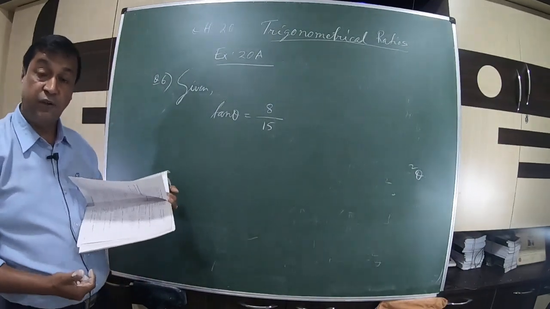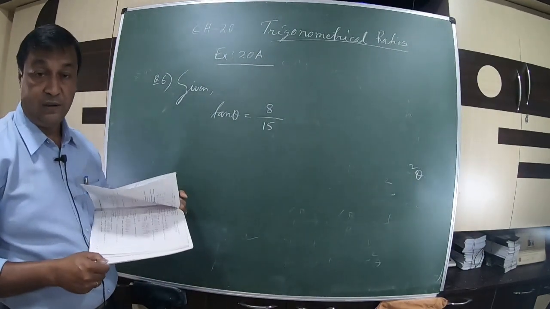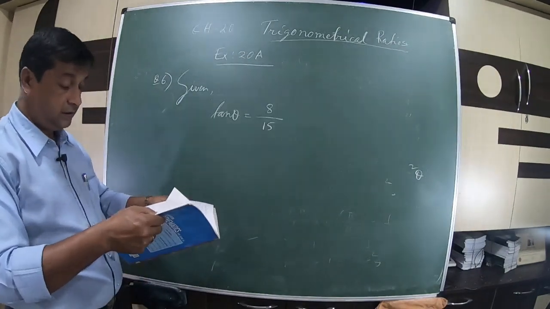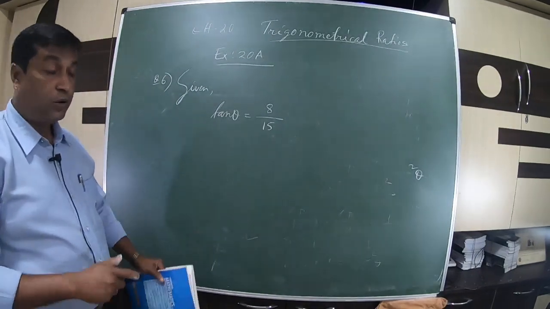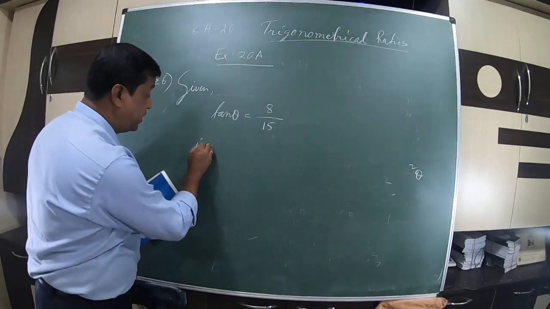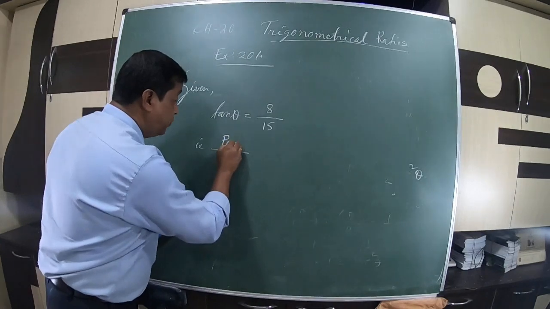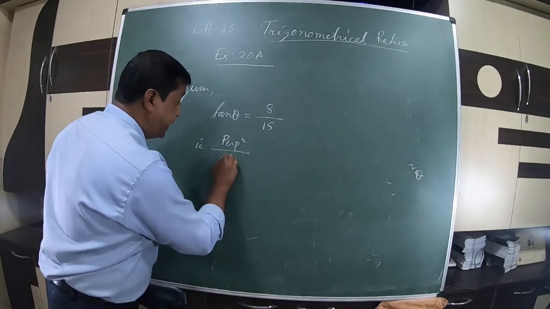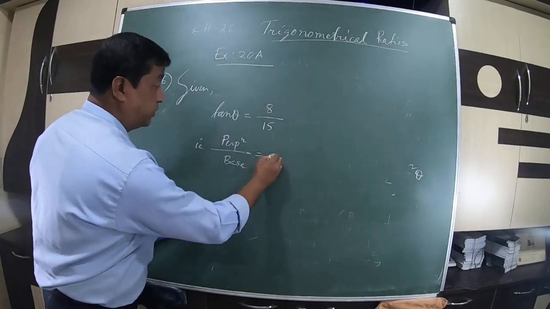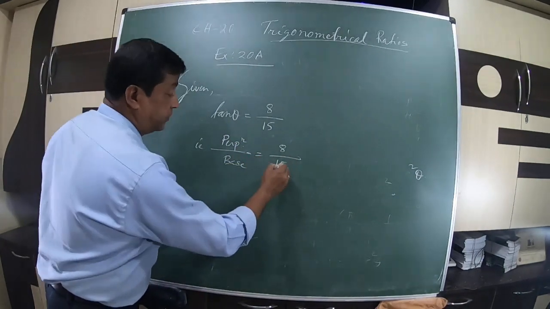Now in order to find the other ones, you have to know the formula, isn't it? First of all, what is tan theta? You have to know what is tan theta. I have already given the formula, and you can see in the book also it is written there. The ratio is given by perpendicular by base. I have written it in short, that is 8 by 15.